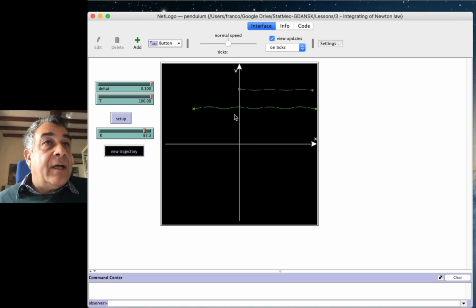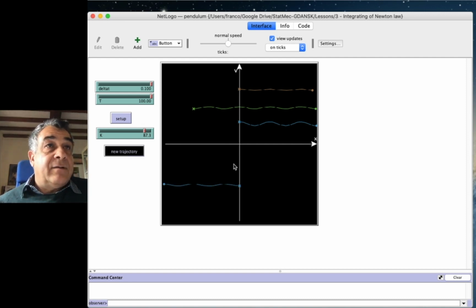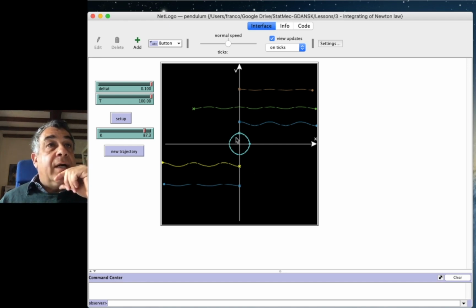If I reduce the kicking, I start seeing oscillations. Clearly, I can kick it in the opposite direction and start rotating in a different direction. But if I start with small enough energy, I start seeing the real oscillation, which is a periodic motion around 0.